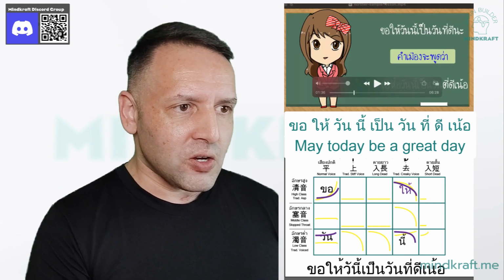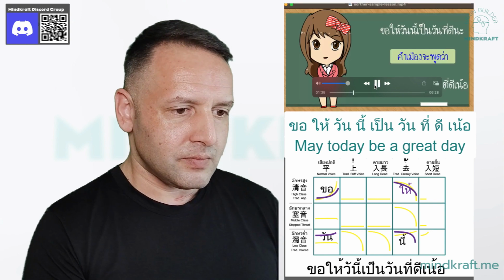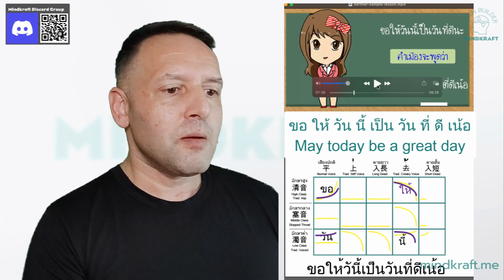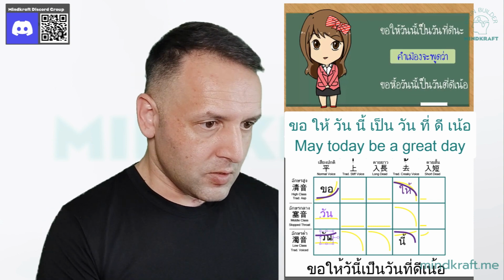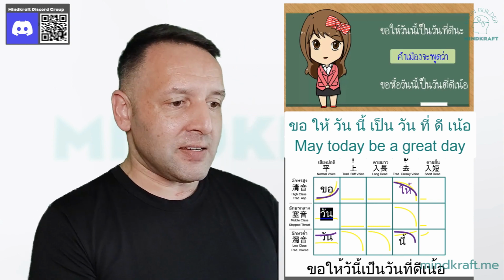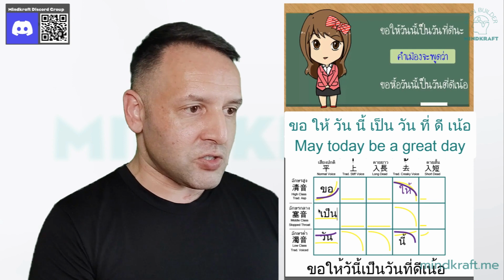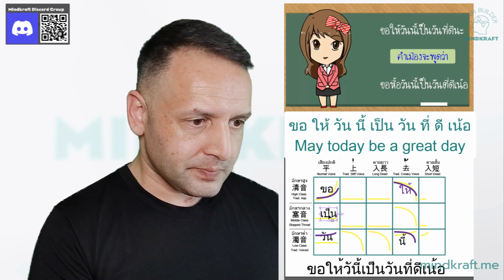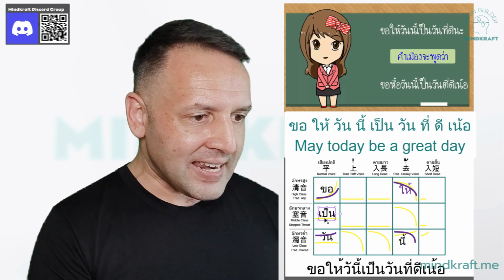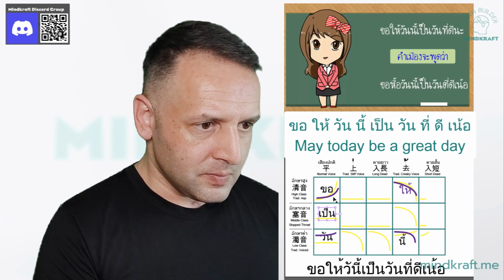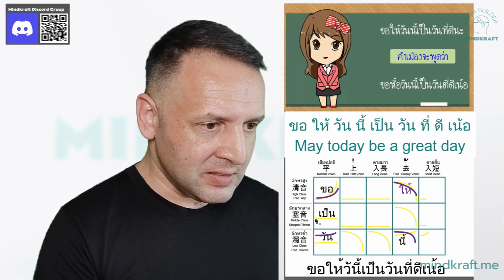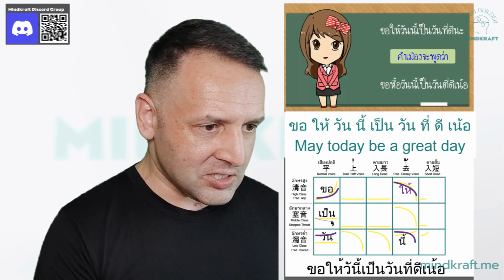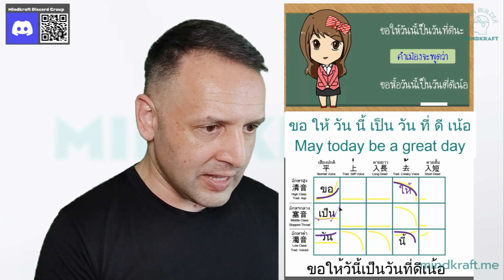Anyway, ben. What do they say next? เป็นวันที่ดี. So the word ben goes in here, that means to be. Ben. And that actually sounded like they went like this, ben, it's almost like it had this curve going like this.